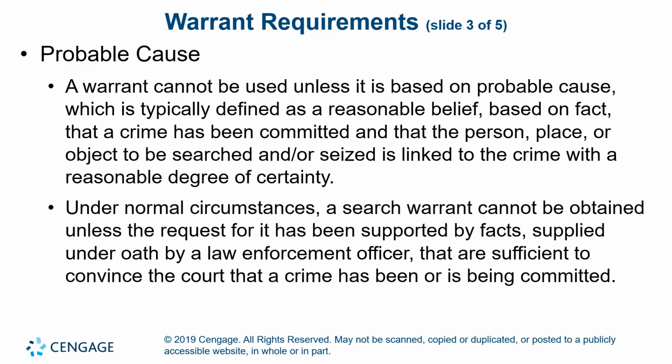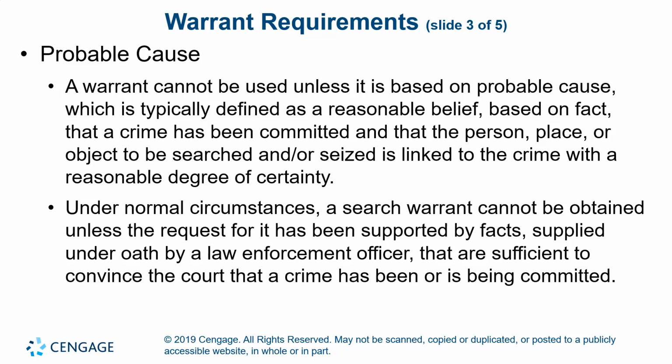So, in a nutshell, to establish probable cause, the police must provide the judge or magistrate with information in the form of a written affidavit, which reports either their own observations or those of private citizens or police undercover informants.